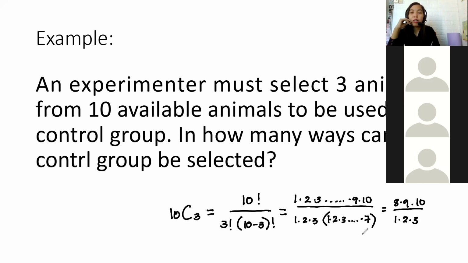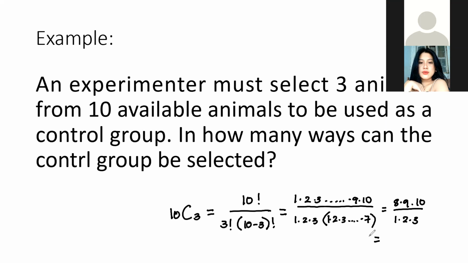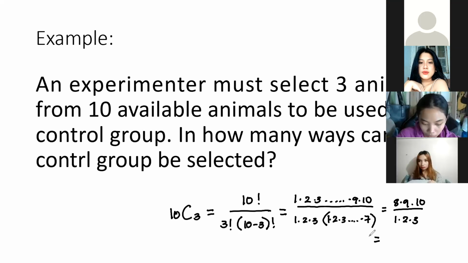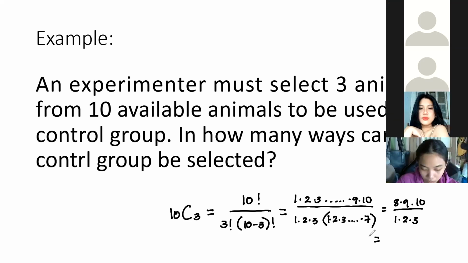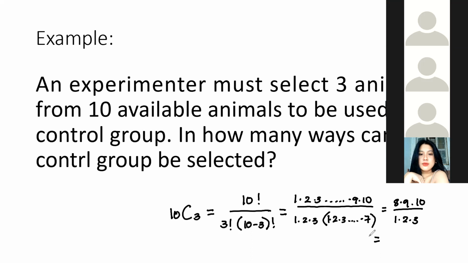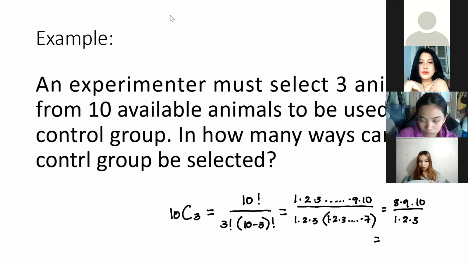So, same lang ng value, or just use your cycle. What is the answer? 10 combination 3. Yes, Gerald. 120 po, ma'am. Alright, we have 120.